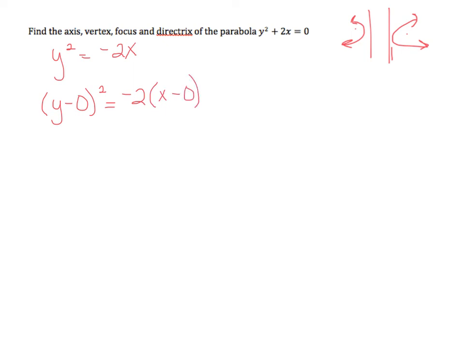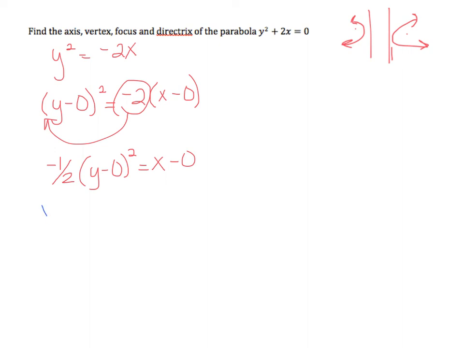Now, because the y is what's squared, I need this in front of it. So I have to divide by -2 on both sides. That gives me -1/2 y minus 0 squared is equal to x minus 0. And again, because it's sideways, we kind of like our x's on the other side.